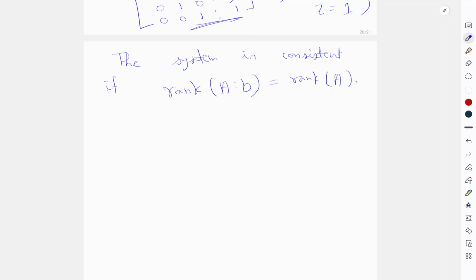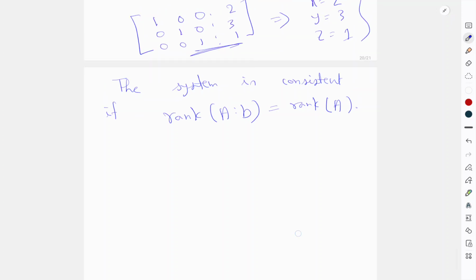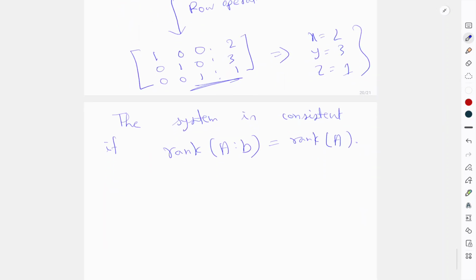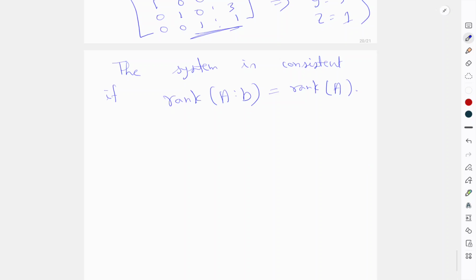If your A is an n cross n matrix, and this is equal to the full rank, then it has a unique solution.